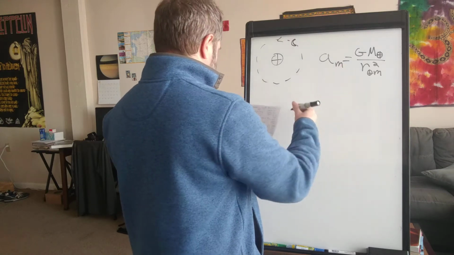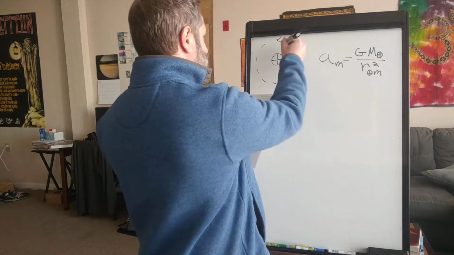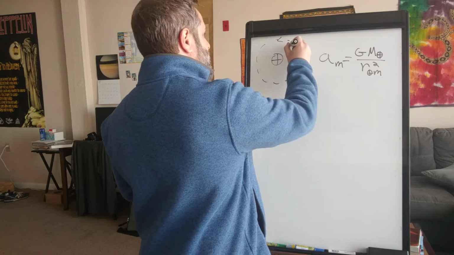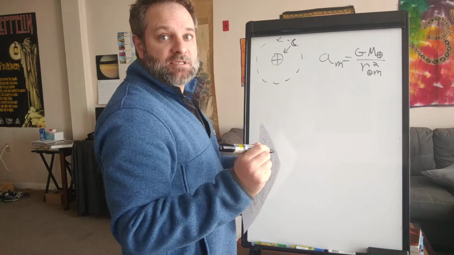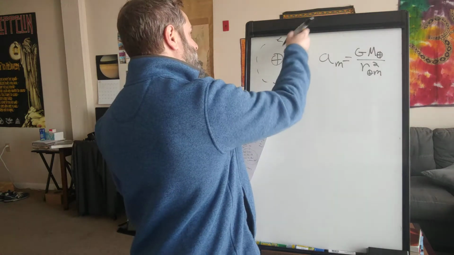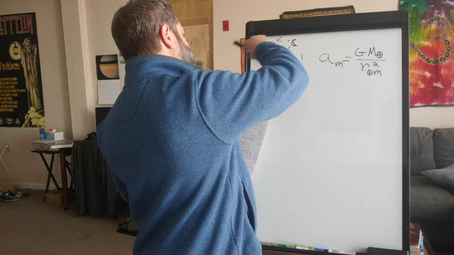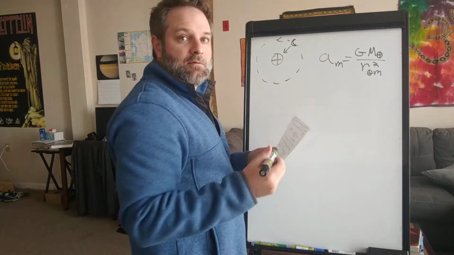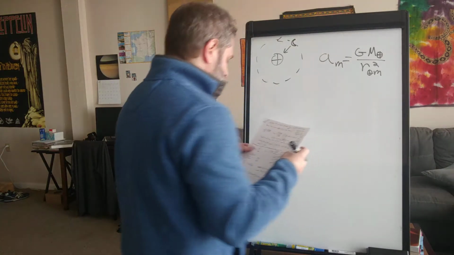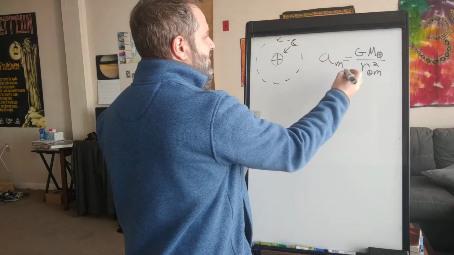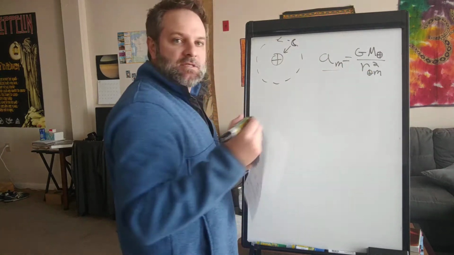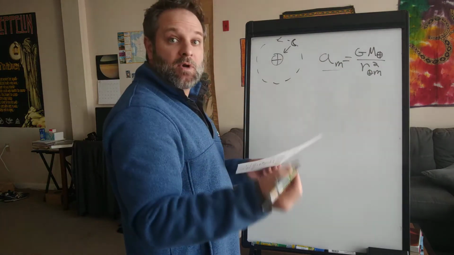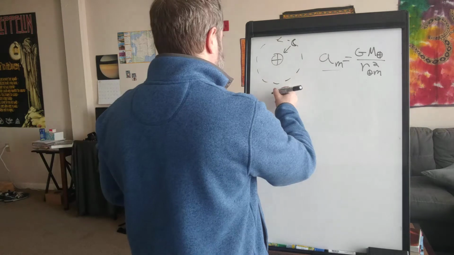We also know that if I have an object moving on a circular orbit, it needs some centripetal force to cause an acceleration towards the center of the system to keep that thing on its circular path, right? So we're going to identify this acceleration caused by gravity with the centripetal acceleration.